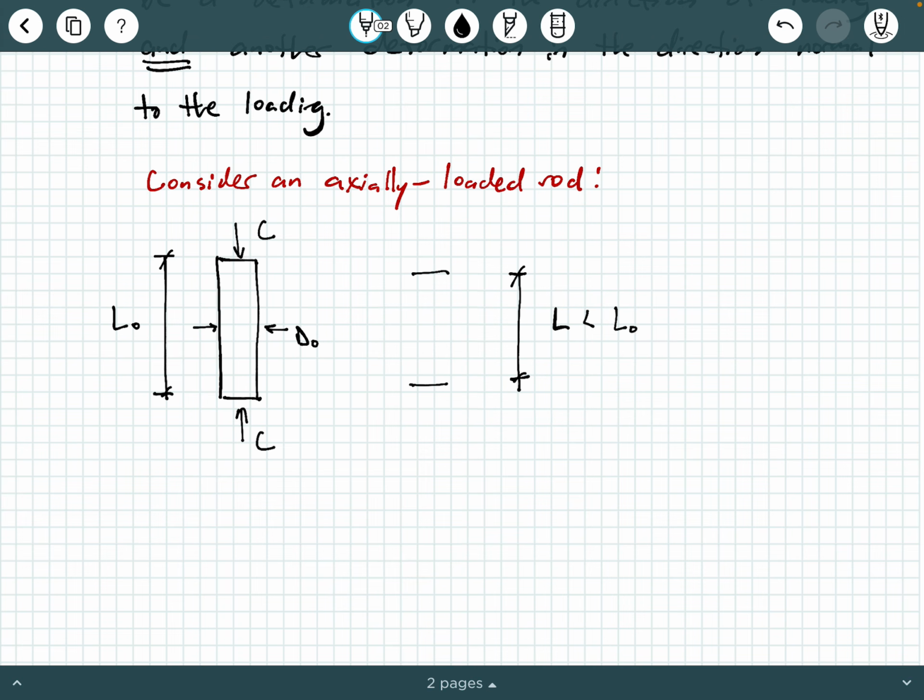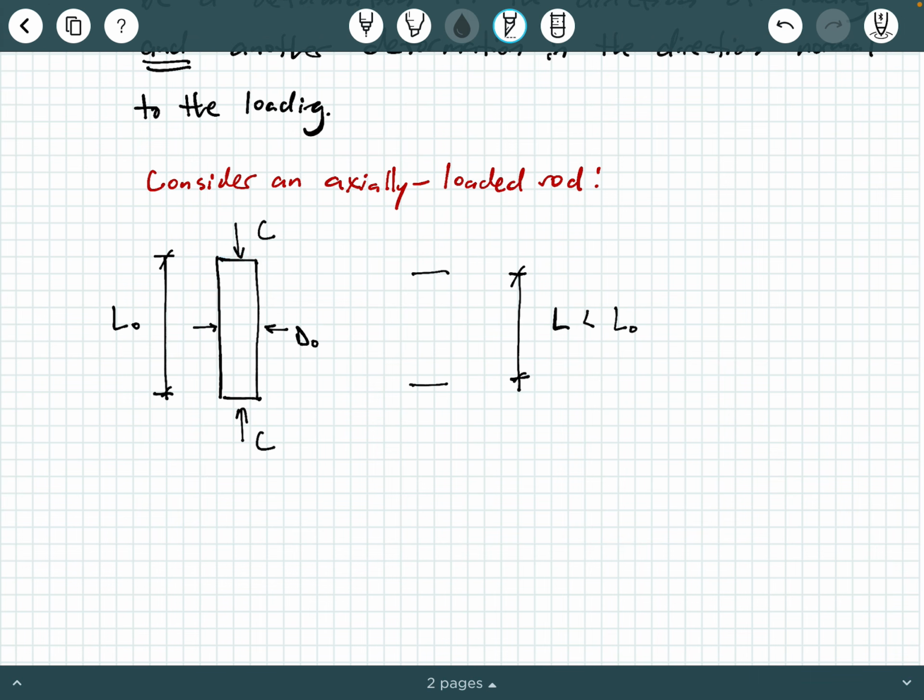Now, based on what the Poisson effect is telling us, in the normal direction to loading, which for this example is the horizontal direction, or we could call it the lateral direction of the rod, we are going to have another deformation.